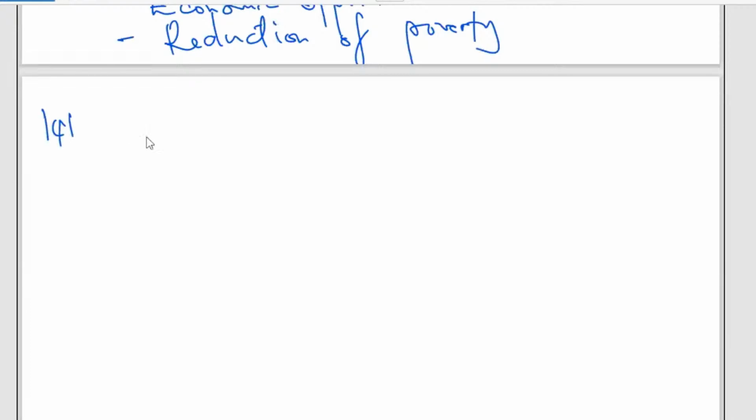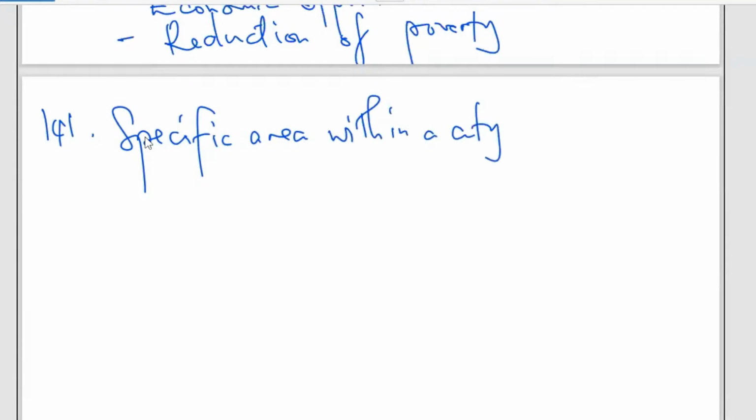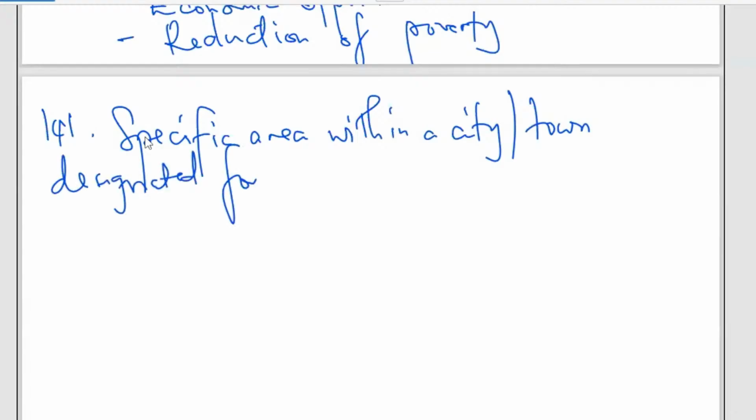When you're looking at an urban land use zone, we are saying it's a specific area within a city or a town designated for a particular activity or a particular function.